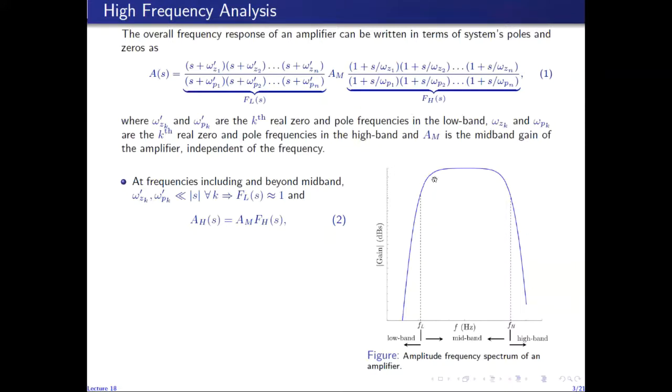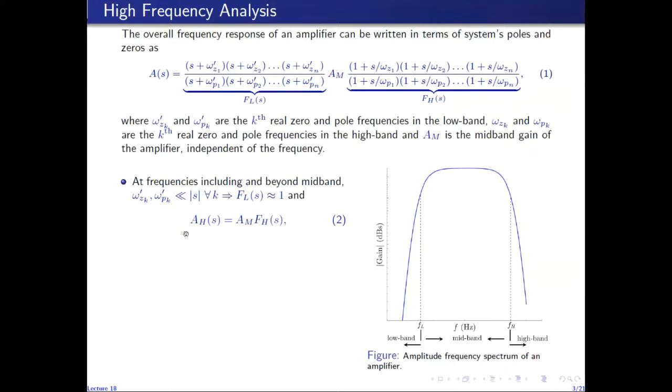So at frequencies including and beyond midband, FL is approximately 1, because all the poles and zeros have frequencies small enough to be ignored. And the response, including and beyond midband frequencies, is given by this expression in equation 2.